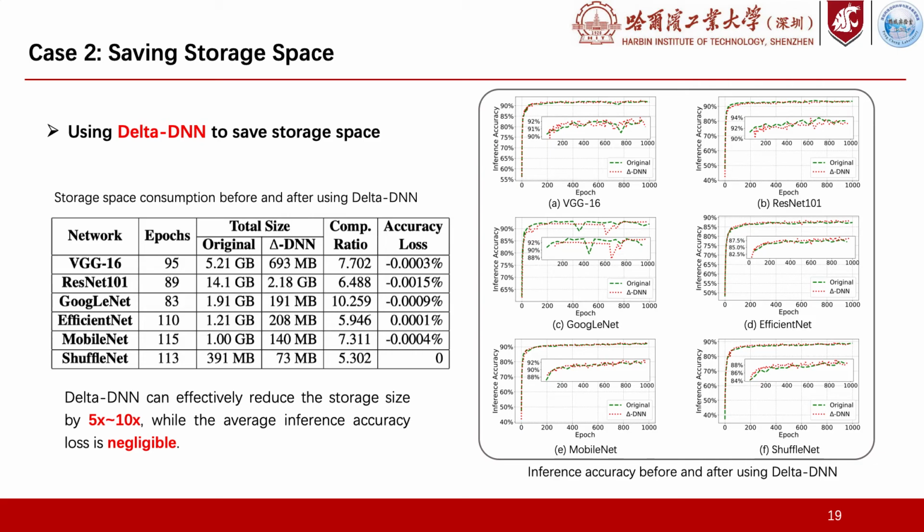And this figure shows the comparison of inference accuracy using Delta-DNN or not when training DNNs. We can see that whether using Delta-DNN or not, the inference accuracy is almost the same.